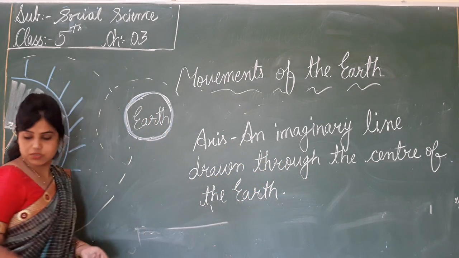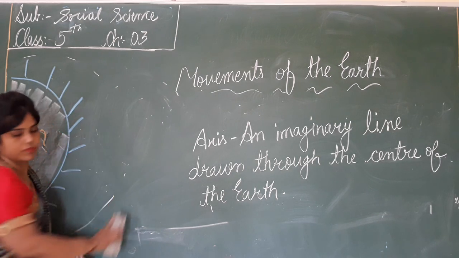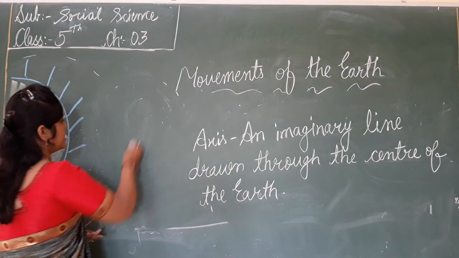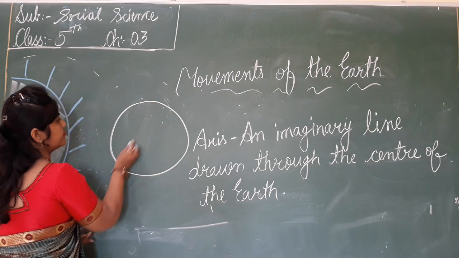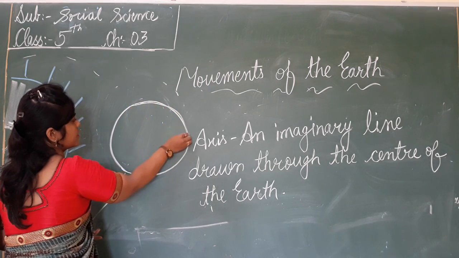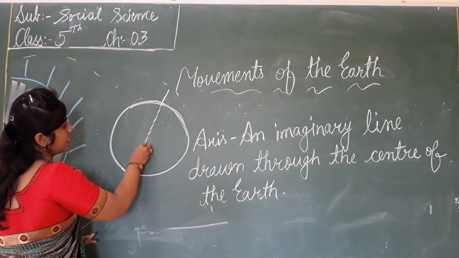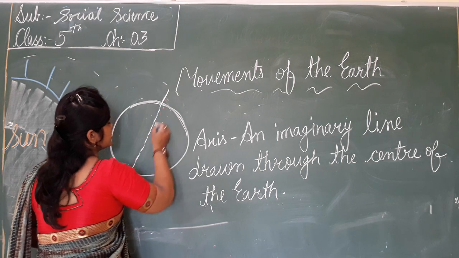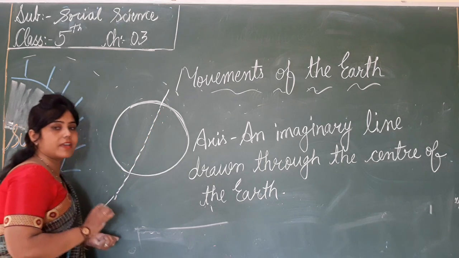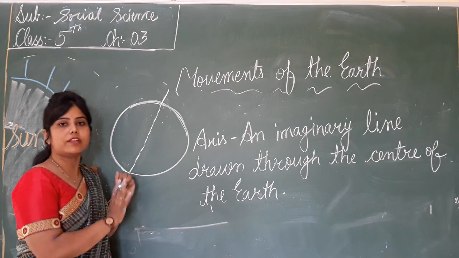So the axis is what? Here, that is our earth, and this is the imaginary line. The astronomers only imagine it. There is no actual line on this earth.